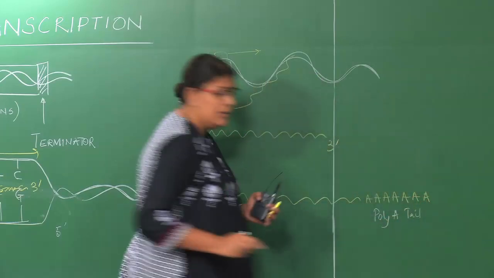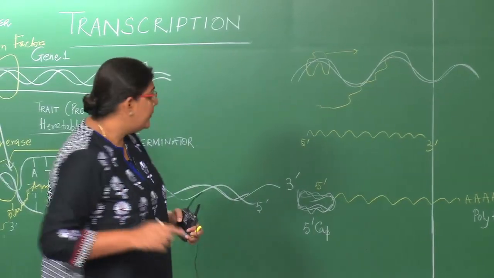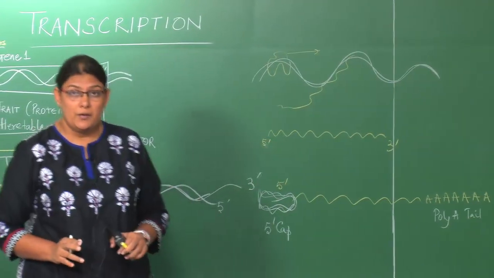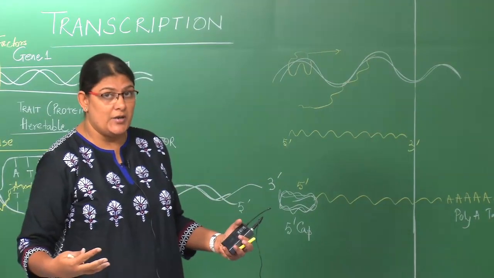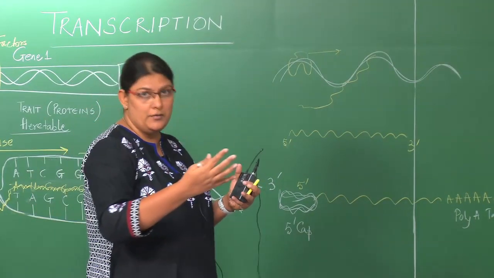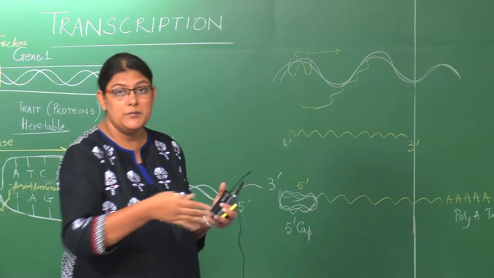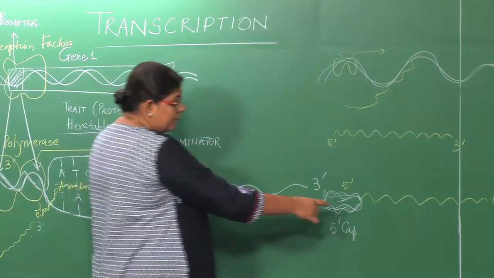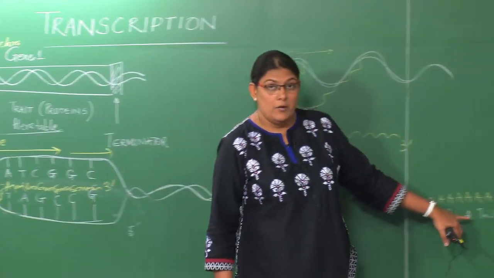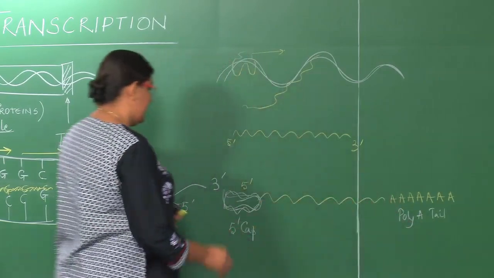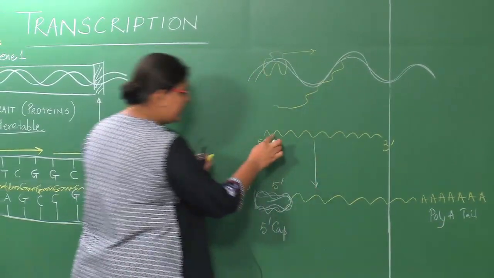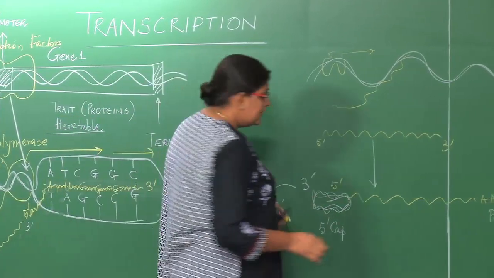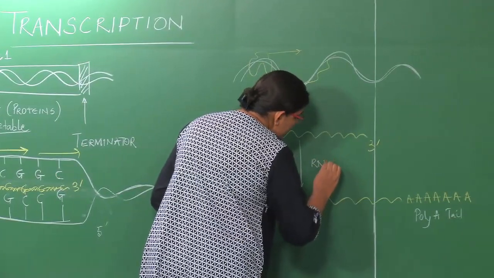So, unlike prokaryotes, where the transcription stops here, in eukaryotes the RNA is further processed because it has to travel outside the nucleus and reach either the endoplasmic reticulum or the ribosomes in the cytoplasm. So, it has a 5 prime cap and a poly A tail. Now, you still do not call this an mRNA in eukaryotes. This process is called RNA processing.